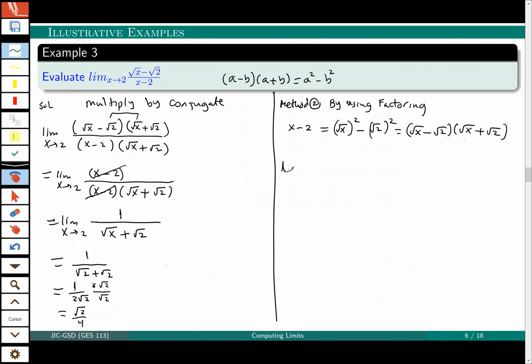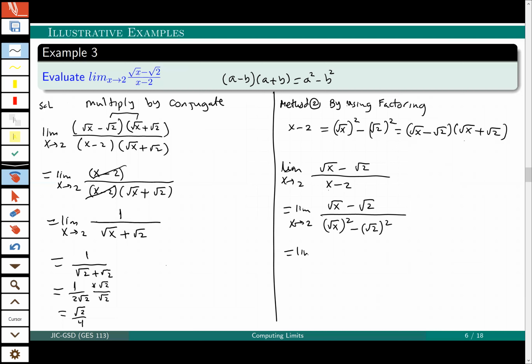So our limit when x goes to 2 of root x minus root 2 divided by x minus 2 can be written as the limit when x goes to 2 of root x minus root 2 over, for x, we say root x all squared, and for 2, square root of 2 all squared.